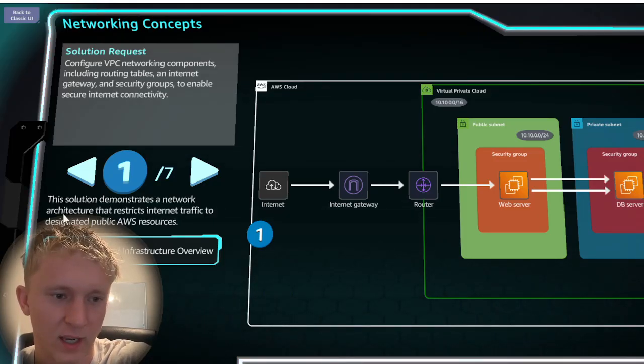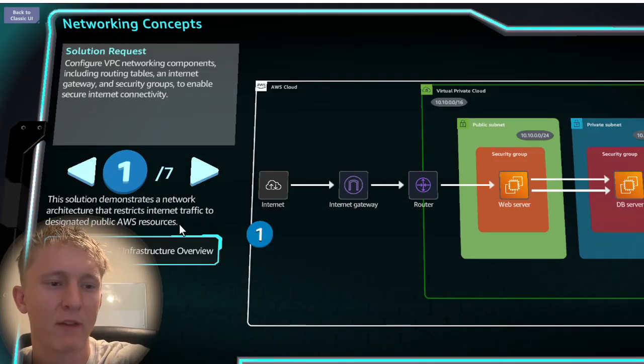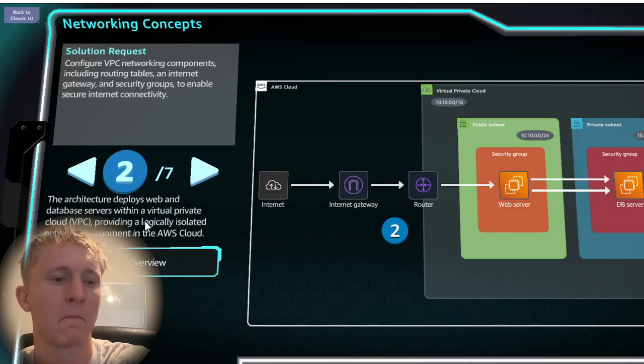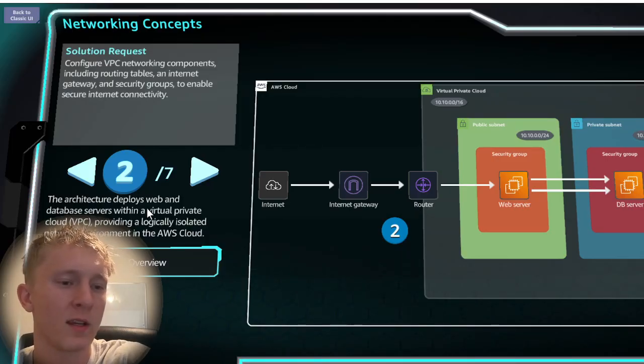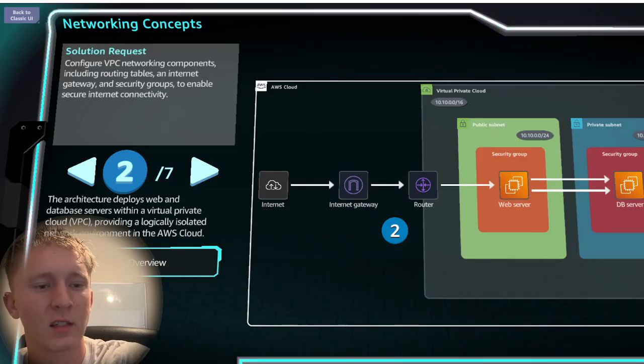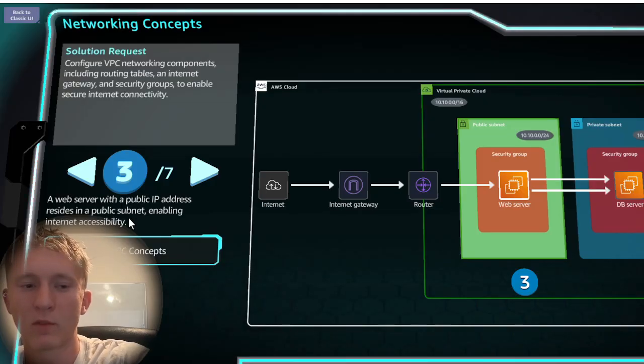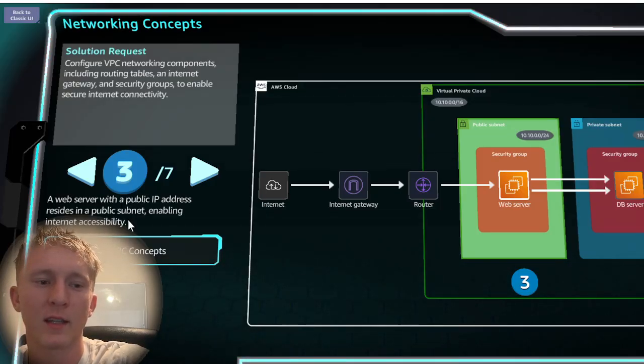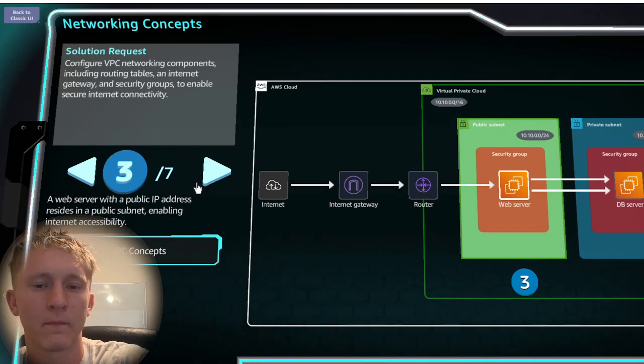This solution demonstrates a network architecture that restricts internet traffic to the designated public AWS resources. The architecture deploys web and database servers within a virtual private cloud, providing a logically isolated network environment in the AWS cloud. A web server with a public IP address resides in a public subnet, enabling internet activity.